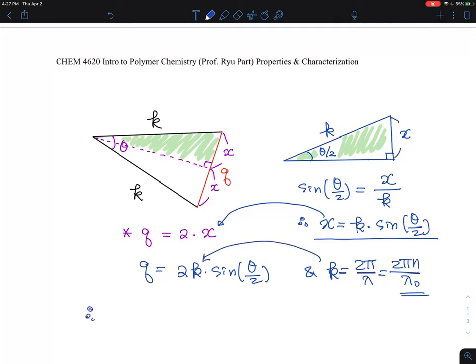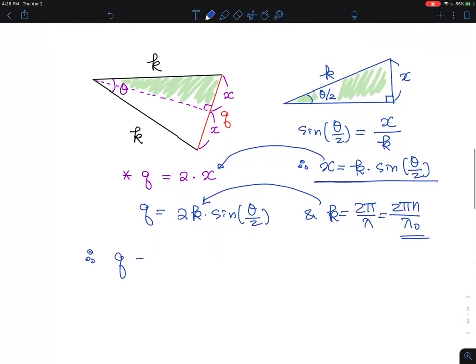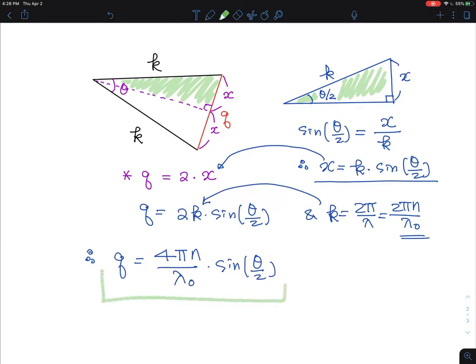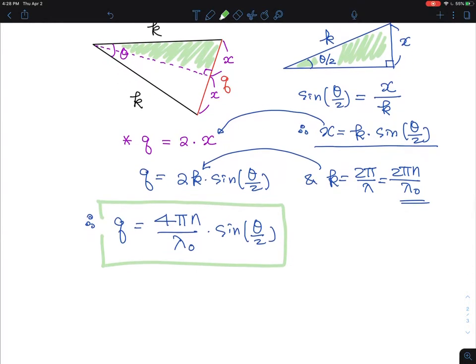Therefore, I finally got Q is 4 pi n divided by lambda naught times sine theta over 2. Okay, so this is the scattering Q equation that we were able to figure out. So this is the scattering Q, and people just call it scattering Q.